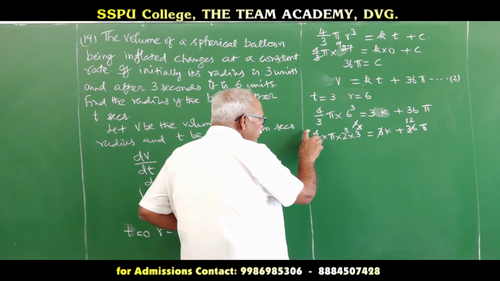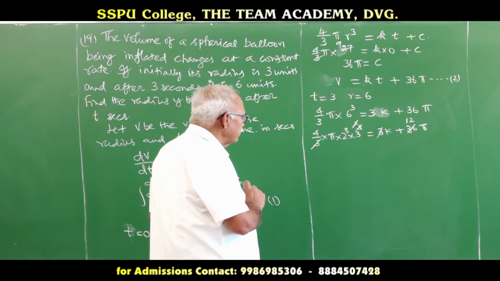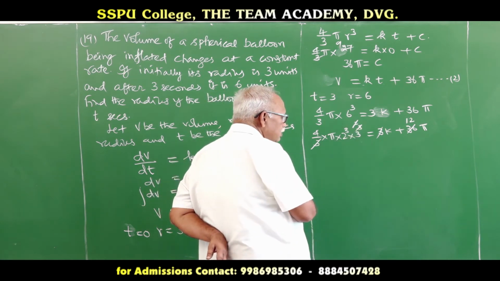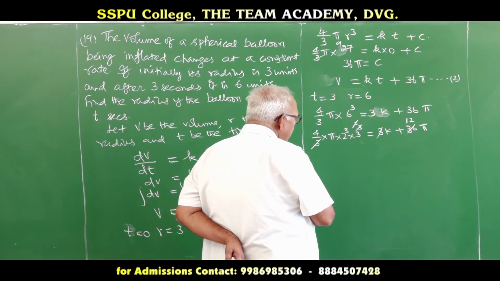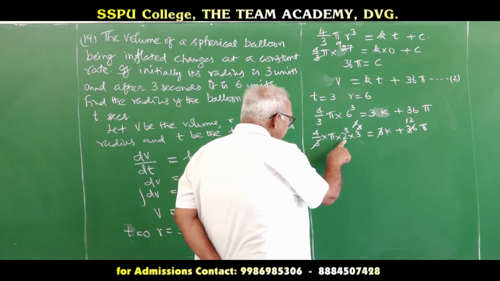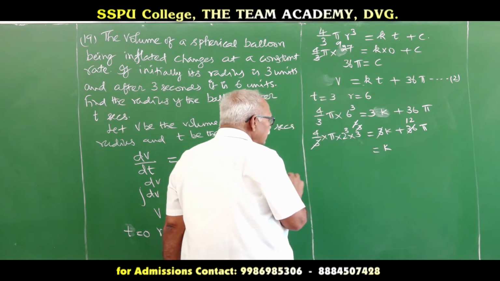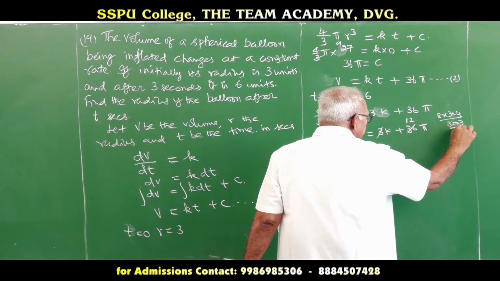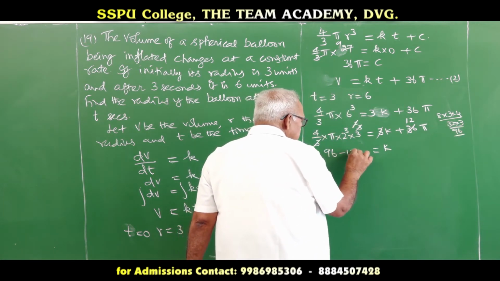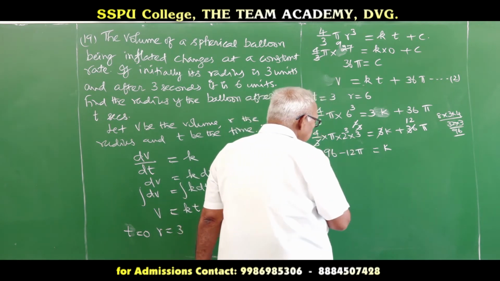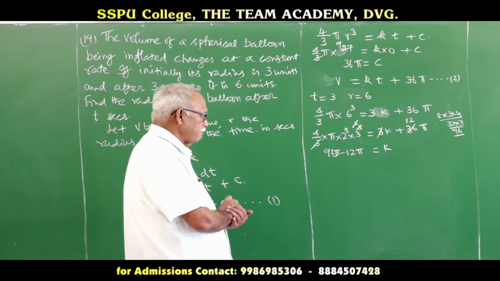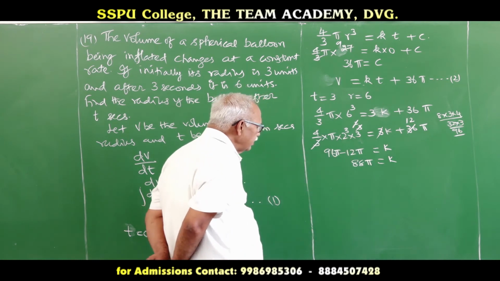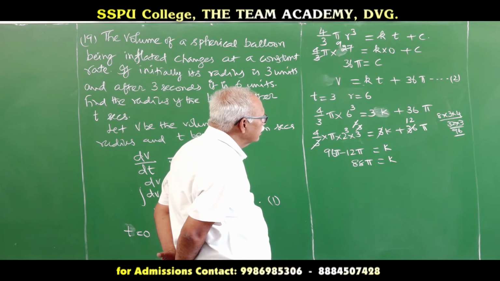Now 8 into 3, 24, and 24 into 4 is 96. So 96 pi minus 12 pi, and k is equal to 88 pi.